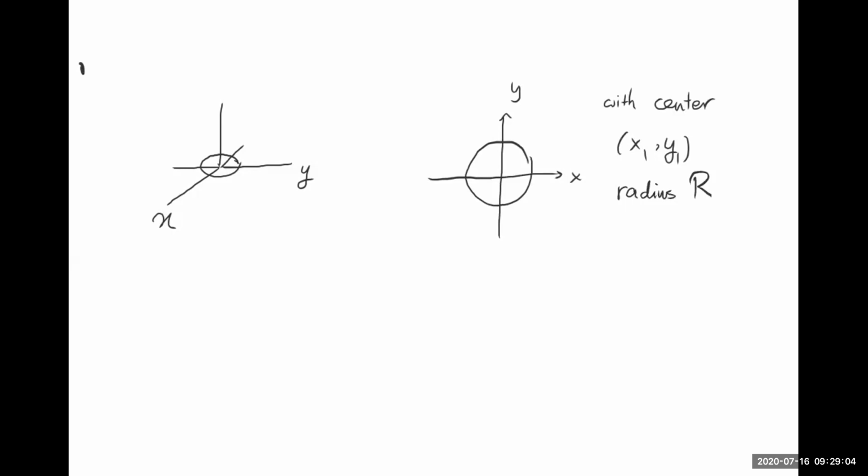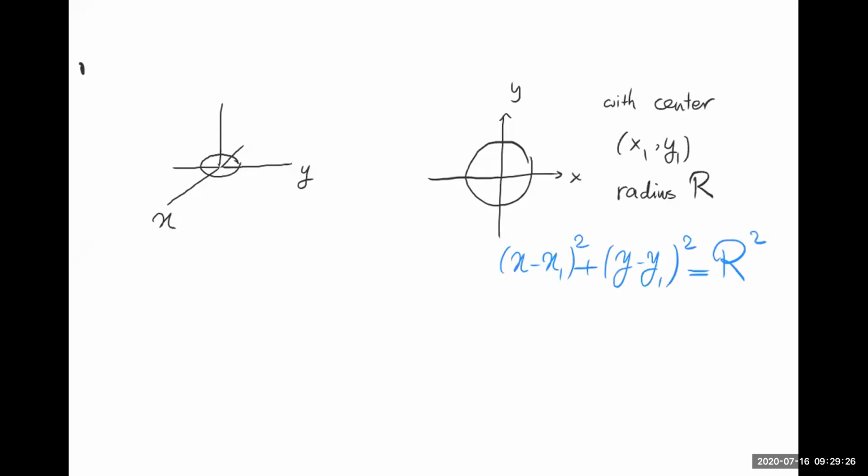In two-dimensional space, the equation for this circle was (x minus x1) squared plus (y minus y1) squared equals r squared. That was the equation of a circle in a plane.